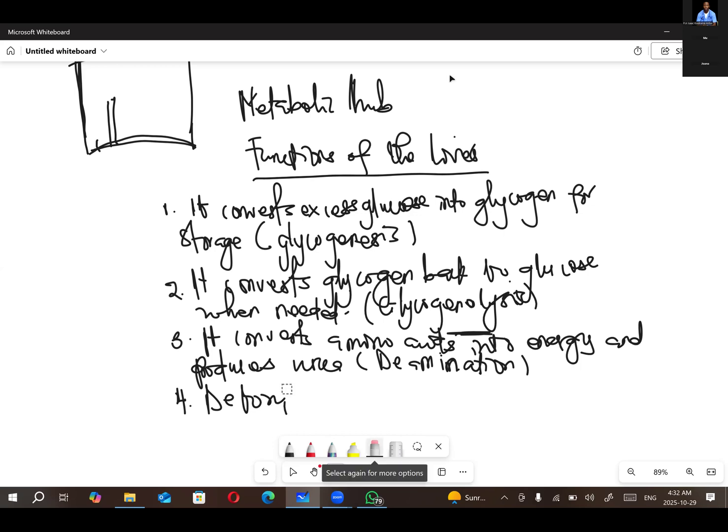Detoxification is removing poisons and harmful substances like alcohol, drugs, etc. So that's detoxification.